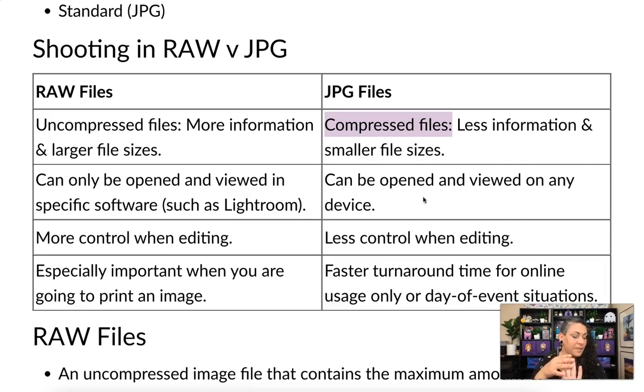So that's usually why people say, no, I like how my JPEGs look. It's because it's already had the contrast applied. Whereas with RAW files, you're just getting the straight file. No editing has been pre-applied, because you're going to get to have the most control over all that stuff. So anyways, JPEG files are compressed, they have less information, and they have smaller file sizes, which can be a pro in some situations.